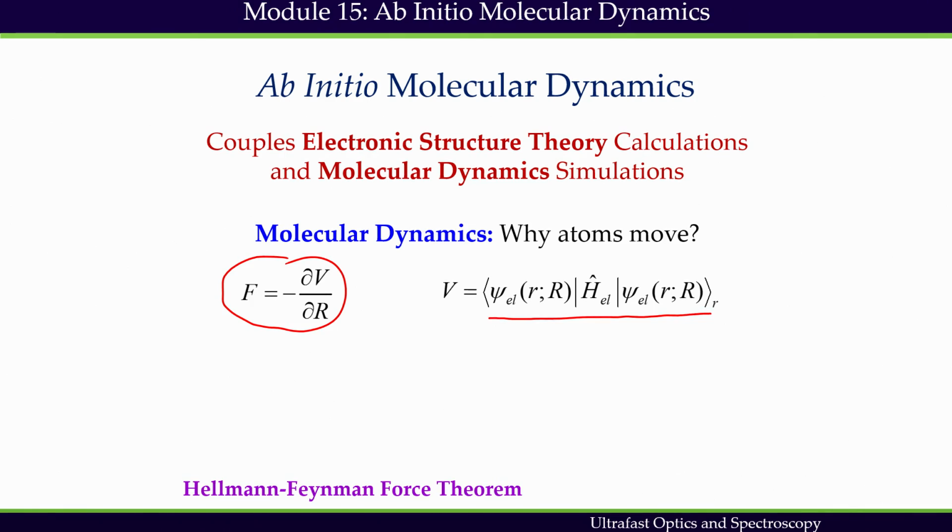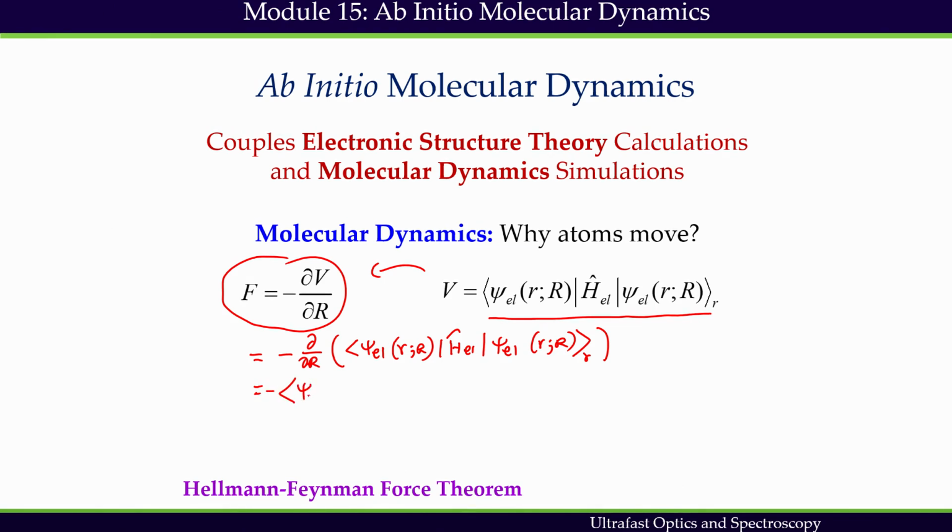If we plug that in, we get an expression for F, which is minus the partial derivative with respect to R of the integral of psi electronic R, the electronic Hamiltonian, psi electronic R, integrated over the electronic coordinate.